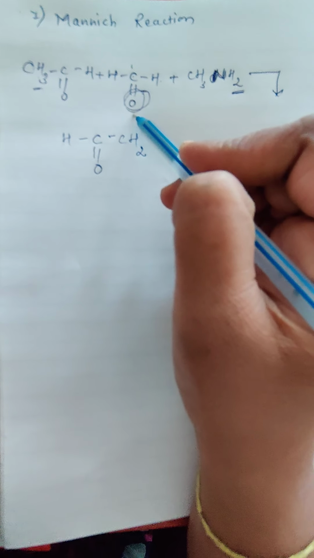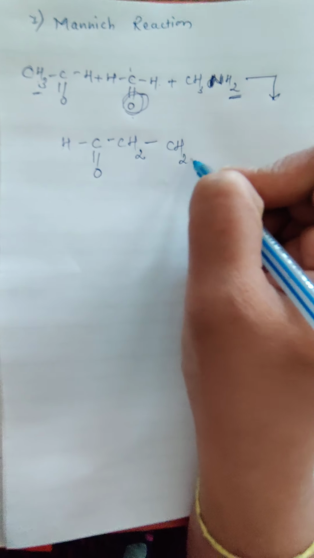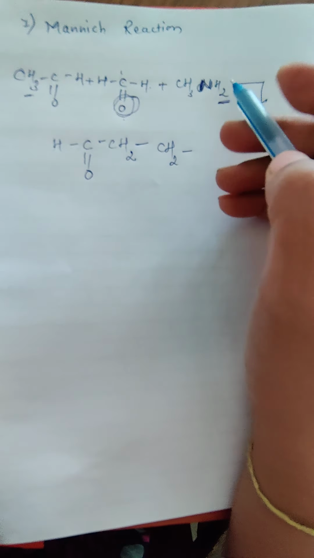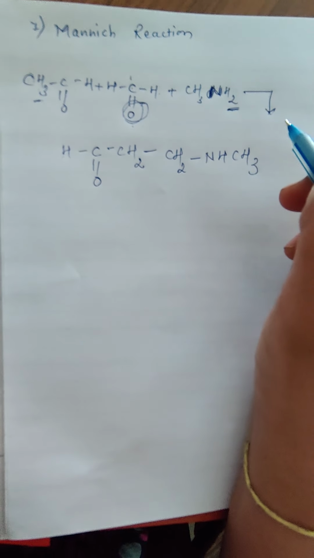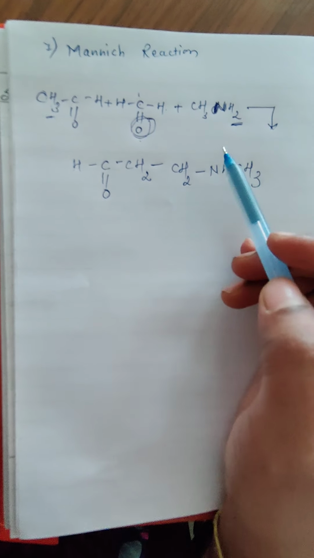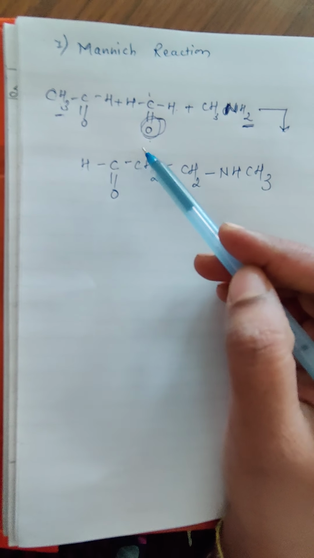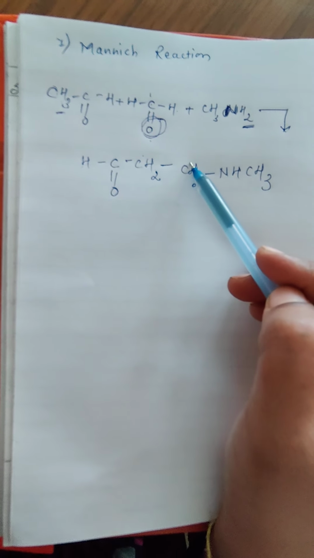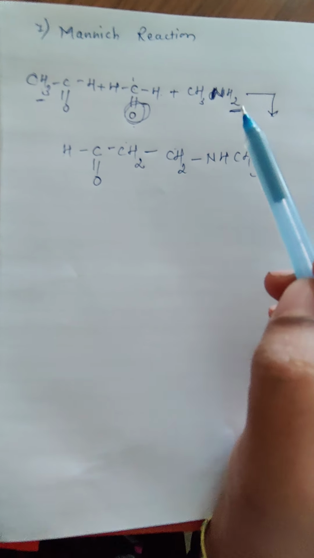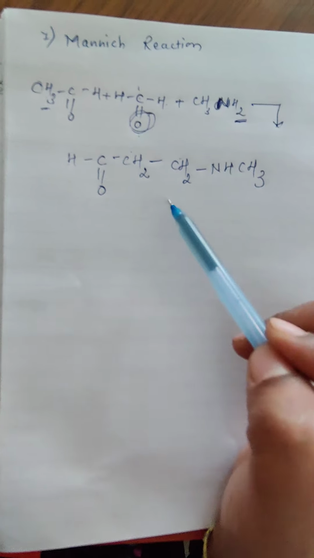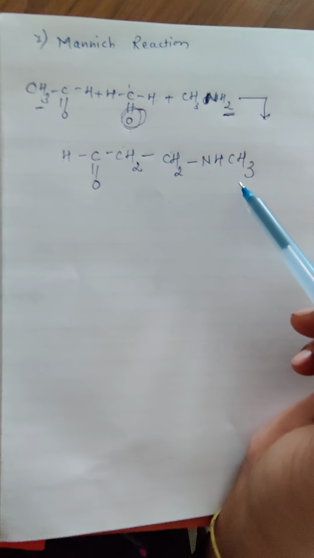Here we removed oxygen, so CH2. Now here again we removed H, so we get NHCH3. So this is a functional group. This carbon is alpha, this carbon is beta, and on the beta carbon an amino group is there, so we commonly call it a beta amino ketone. So this is a Mannich reaction.